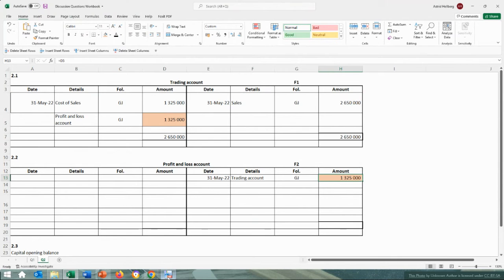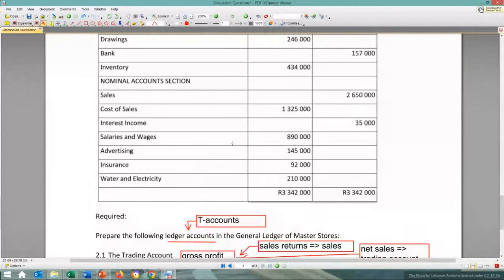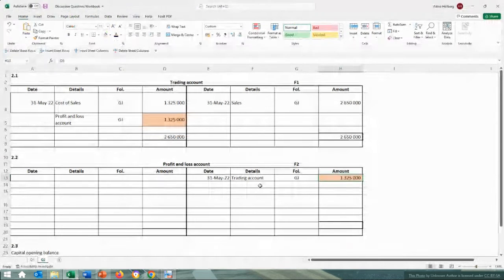Then for the profit and loss, the following step is that all of the income gets transferred to your profit and loss account. We've only got one set of income here, which is interest income. To remove it out of our nominal account, we debit interest income and we credit profit and loss. So profit and loss will be credited with interest income of 35,000.